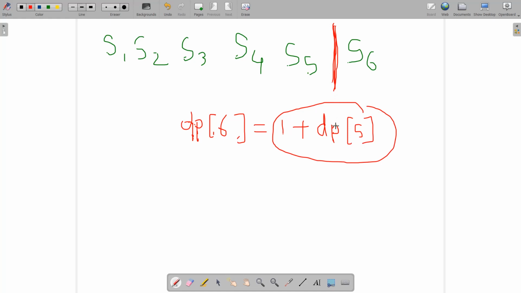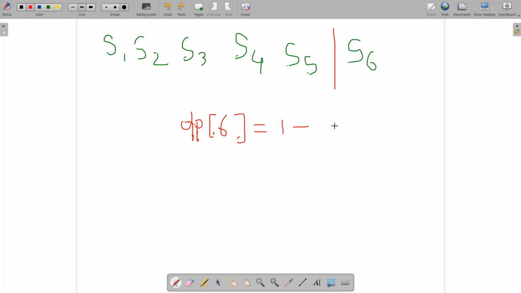Now let's check what other positions we can perform the partition at. Let me erase this one. Now you can do the partition over here only when this string is a palindrome, because these minimum values we have already found.